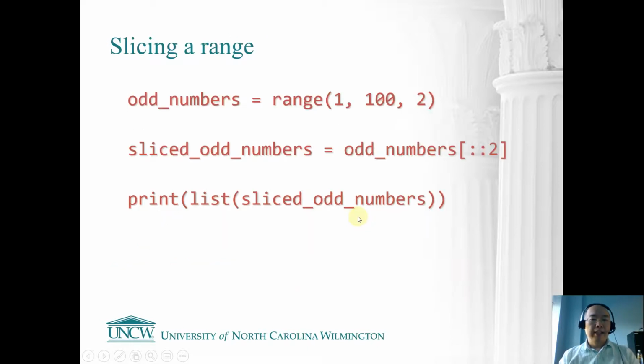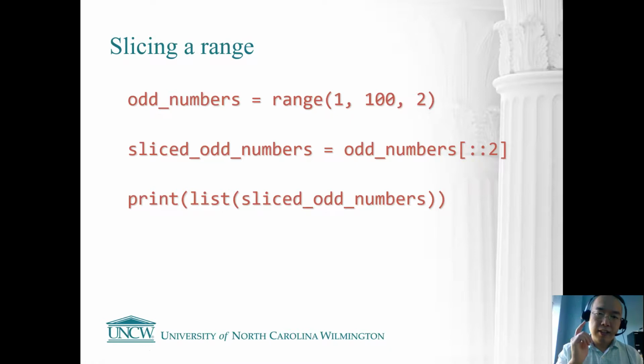Okay, so this is the new information I want you to know. The slicing works exactly the same in ranges. If we want to do a range of the odd numbers from 1 to 100 with the step size at 2, so we have 1, 3, 5, 7, 9, 11, etc. And then if we want to do a slicing like this, what is that?